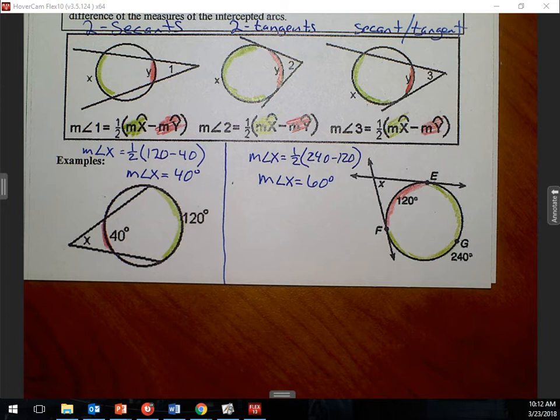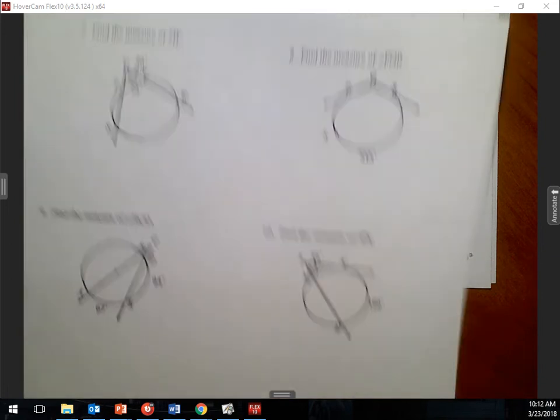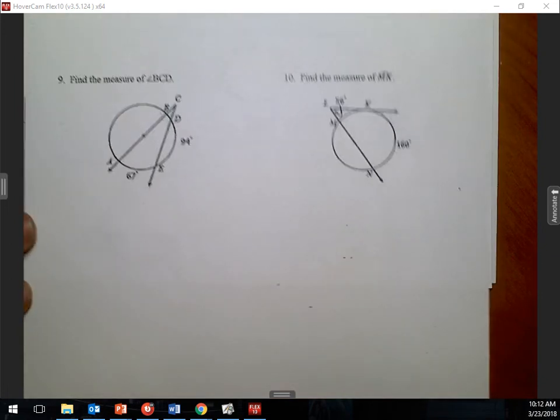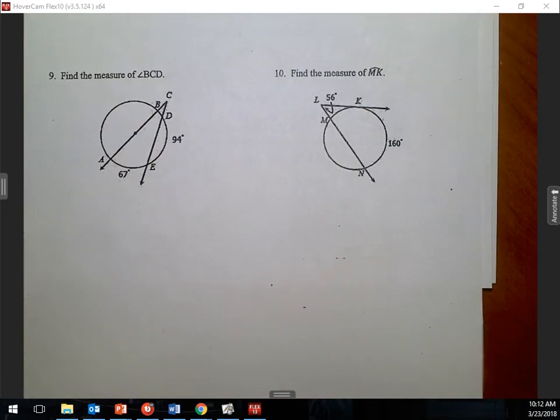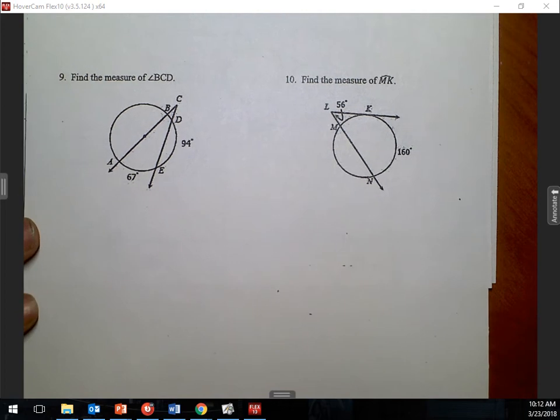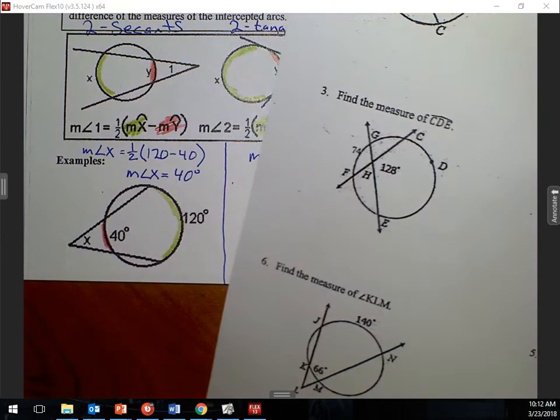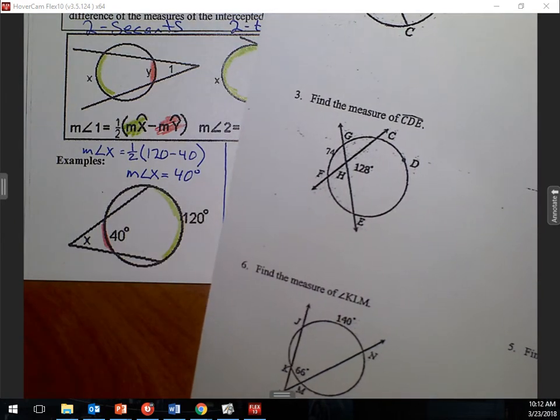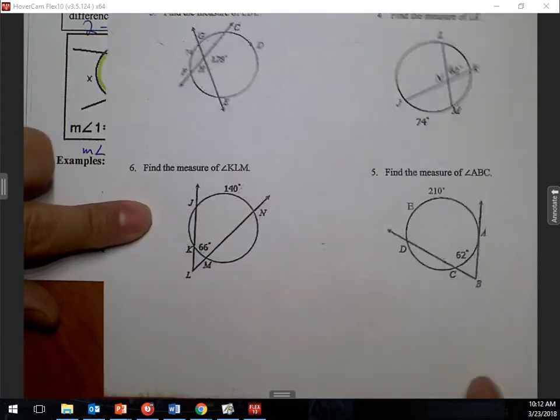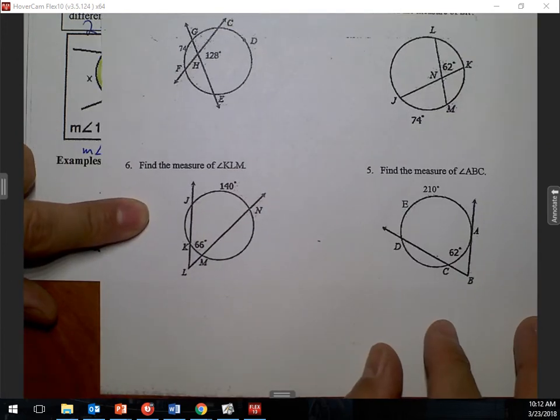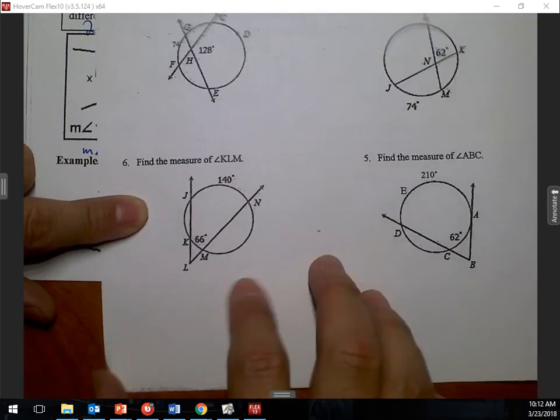I'm trying to look for the homework, because I need a visual example. You need a visual example? Yes. Okay, so are you saying a visual example like number 10? Exactly, like number 10. Actually, number 6. Let's do 9. 9 would be better. You said 6? No, because what type is 6? Oh yeah, 6 is 2 secants, right?